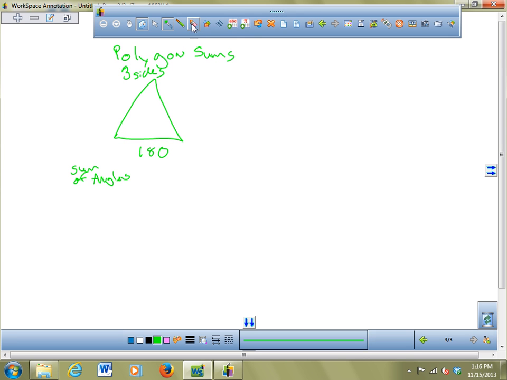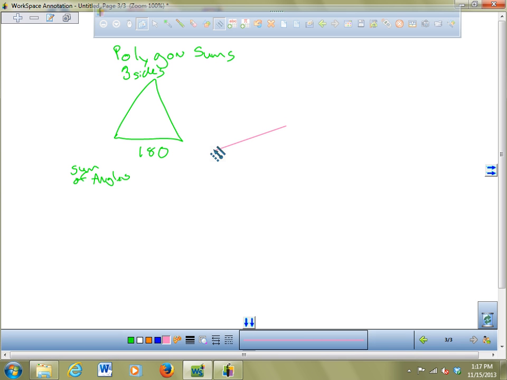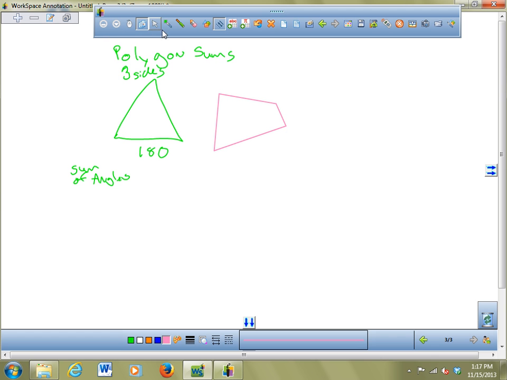If I have a four-sided figure, like a quadrilateral, my tool over there doesn't work, so I'm going to just try to draw with straight lines. Any old quadrilateral with four sides. How many degrees do those four sides add up to?